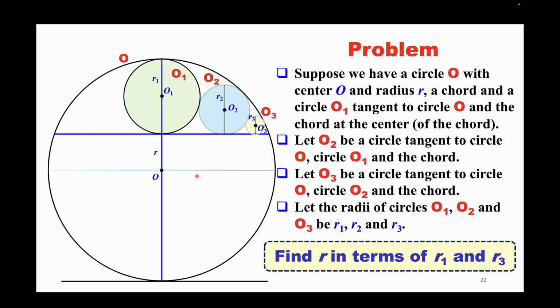So here we have 4 radii, R, R1, R2, and R3. Our question is, find R in terms of R1 and R3. Please notice that the radius R2 of circle O2 is not used.